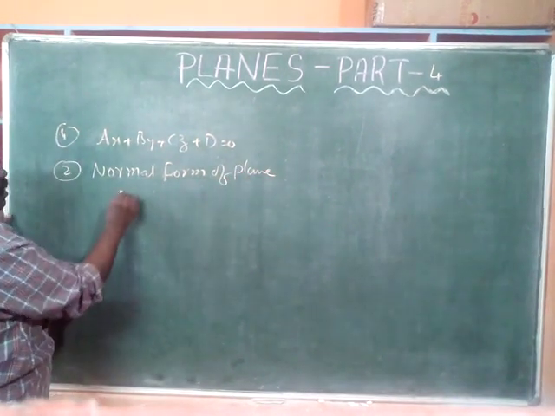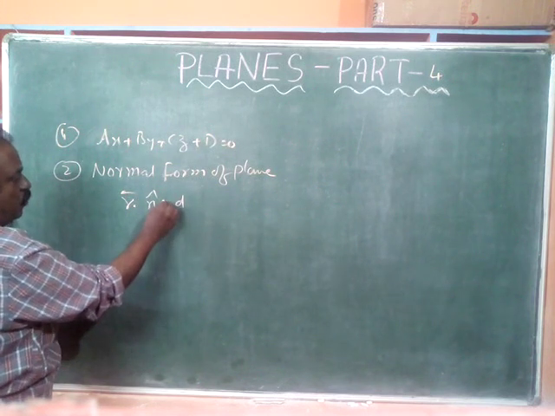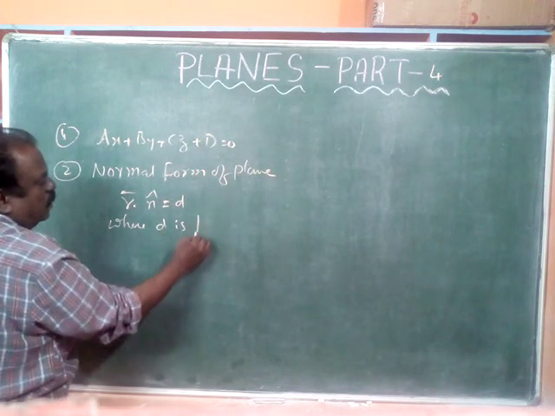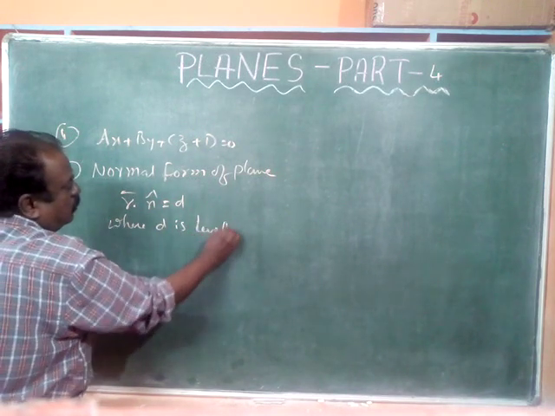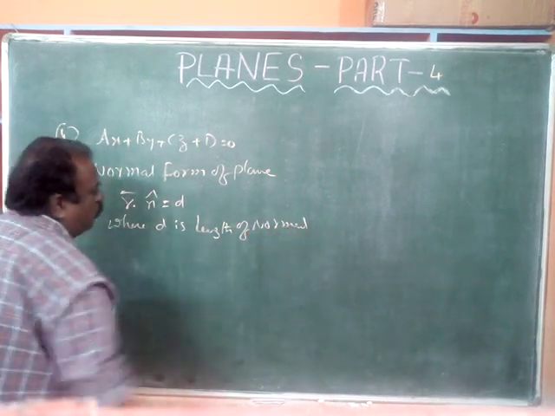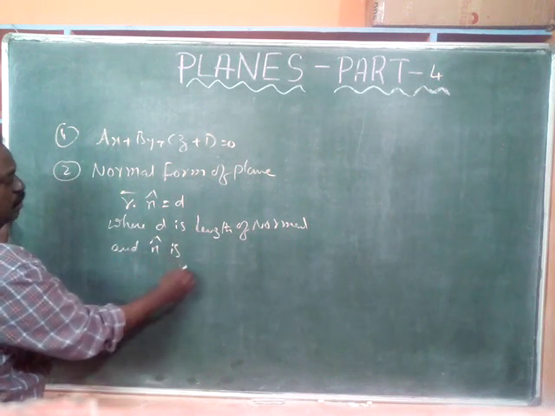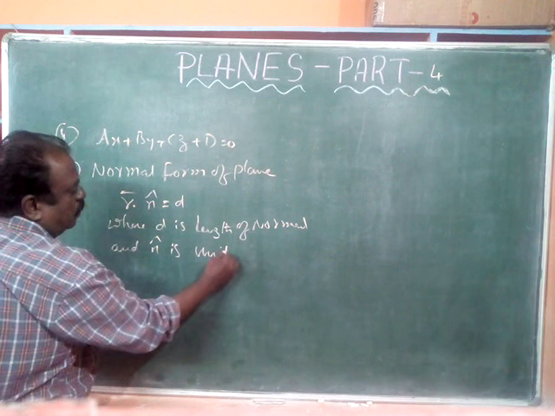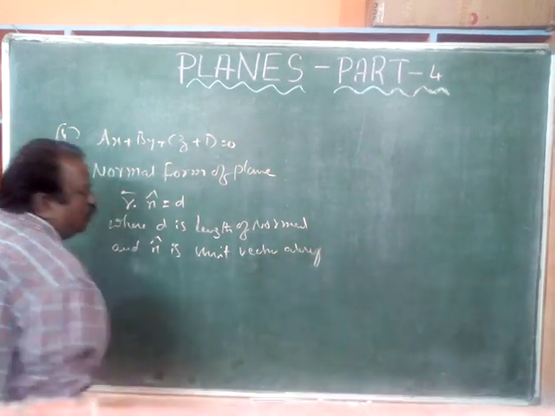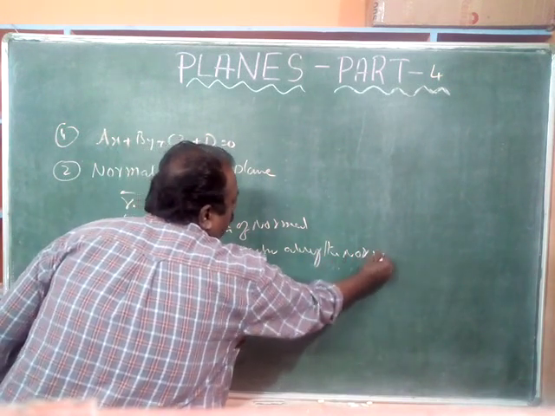That is r bar dot n cap is equal to d, where d is length of normal, and n cap is unit vector along the normal.